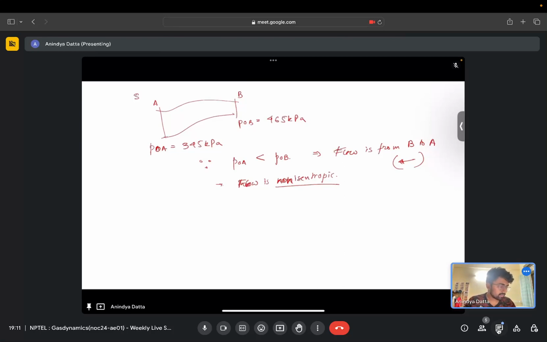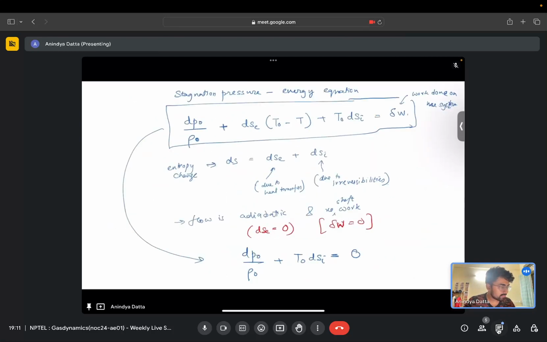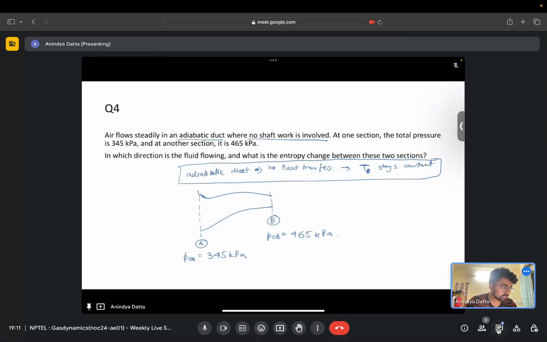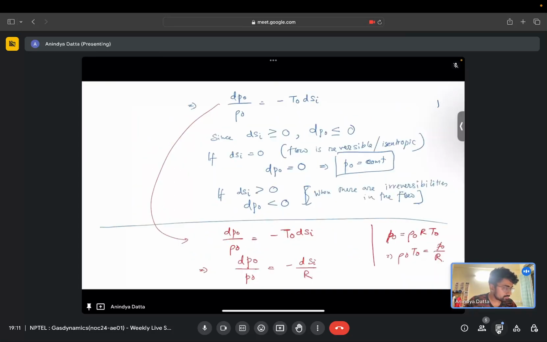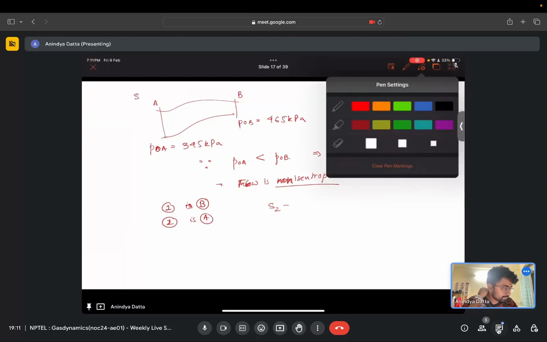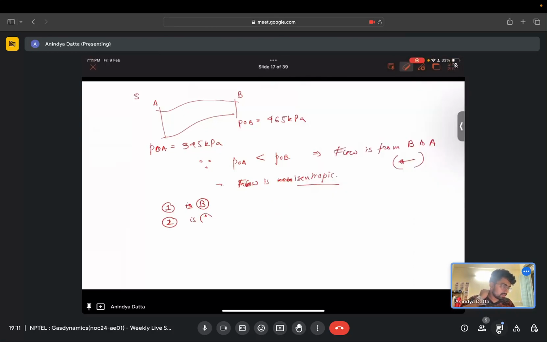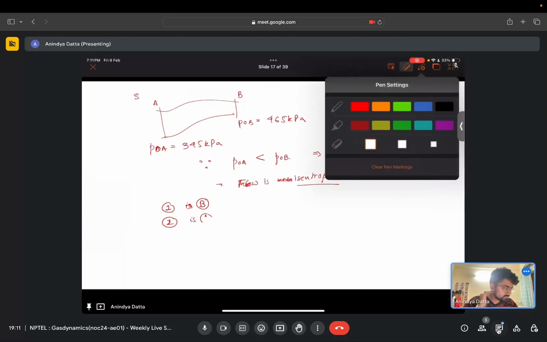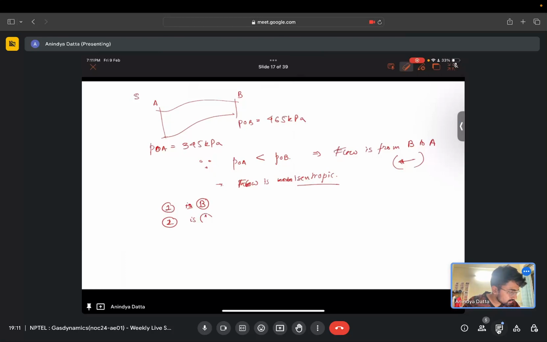Okay, all right, now the second part of the question was to find the entropy change between the two sections. So let's say my flow is from B to A, so my station 1 is B and station 2 is A, meaning the flow is from 1 to 2. Now we can use the formula which we derived just now.